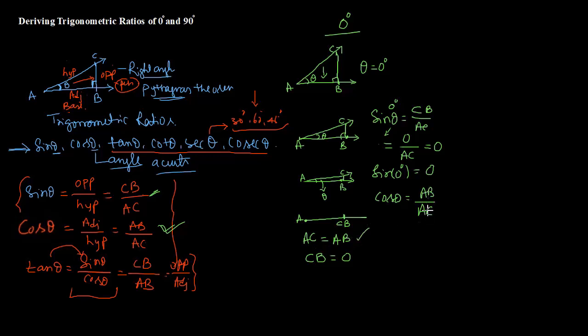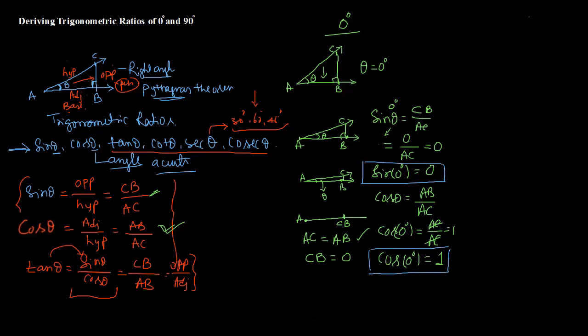If AC equals AB, cos theta in this scenario is AC divided by AC, or you can substitute AC as AB. They both get cancelled, that will be 1. So cos 0 is actually going to be 1. So you got two values here: sin 0 is 0 and cos 0 is 1.